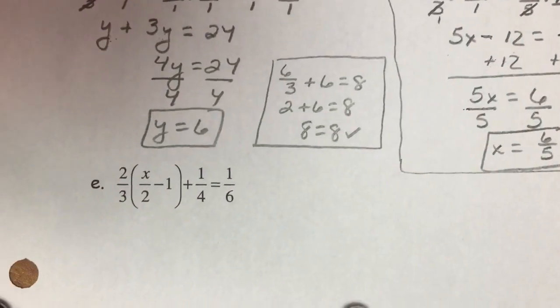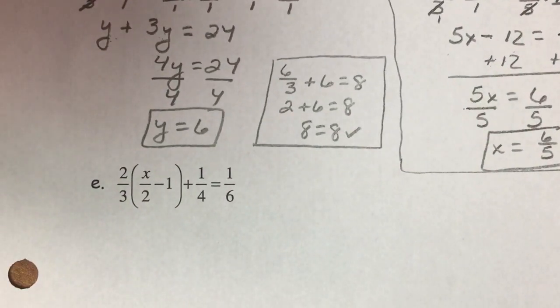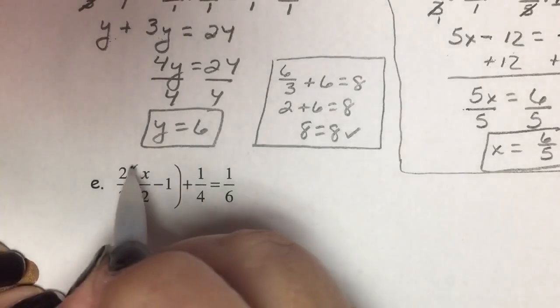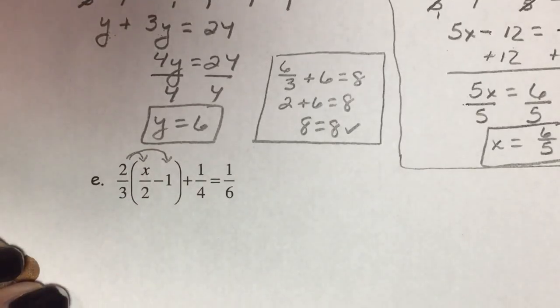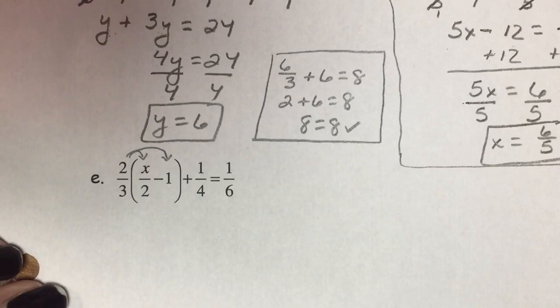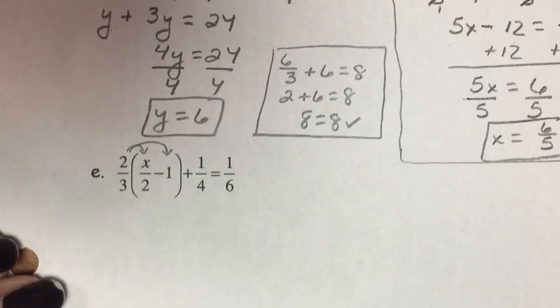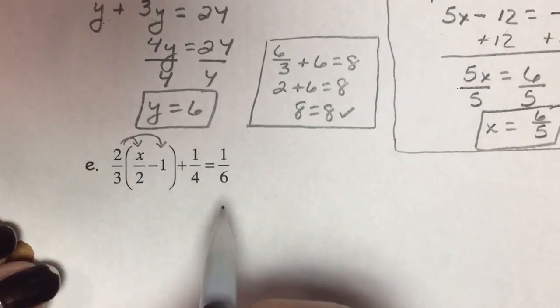All right, so now I wanted to show you something with parentheses. Before you multiply through by the lowest common denominator, you always want to eliminate the parentheses. So that means we are going to distribute this through.